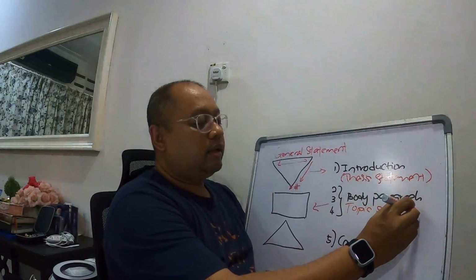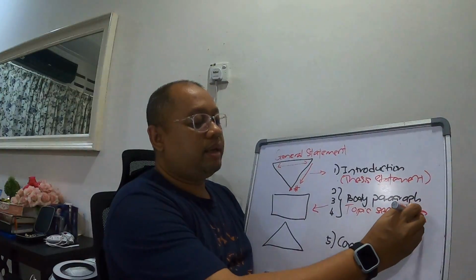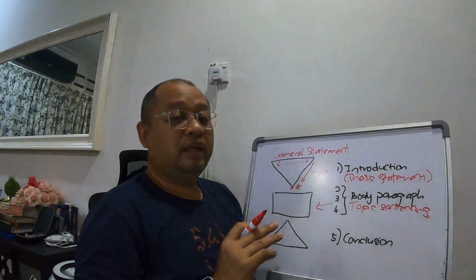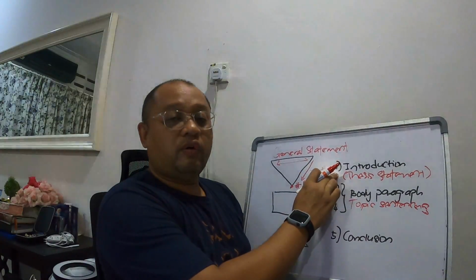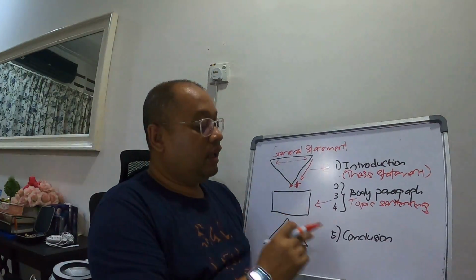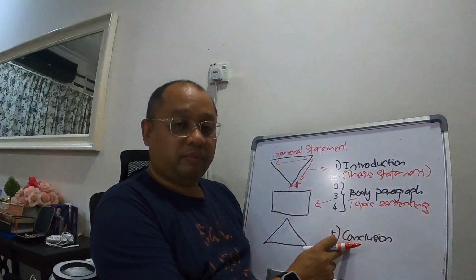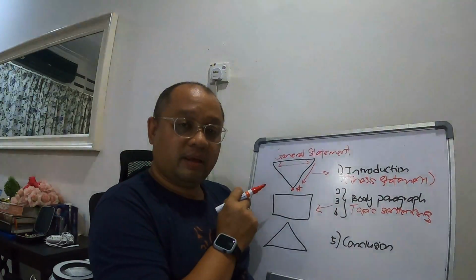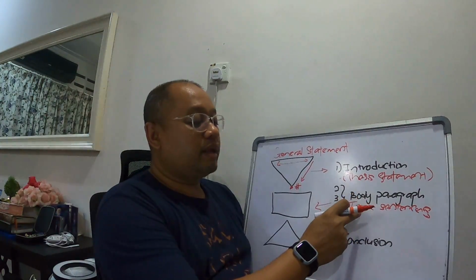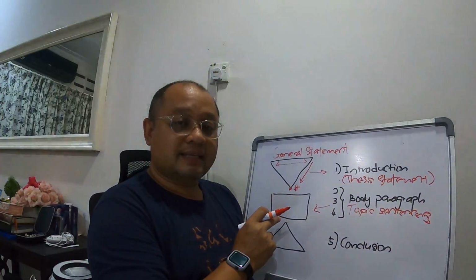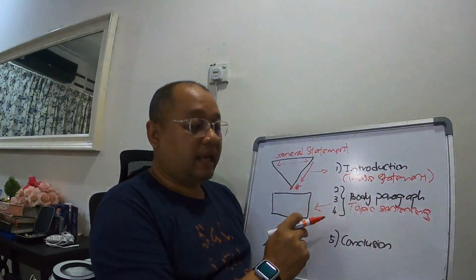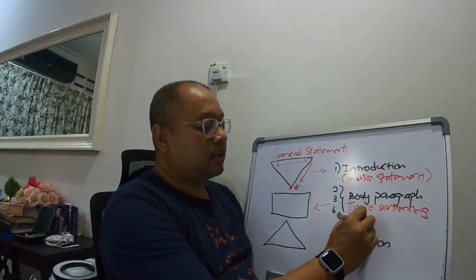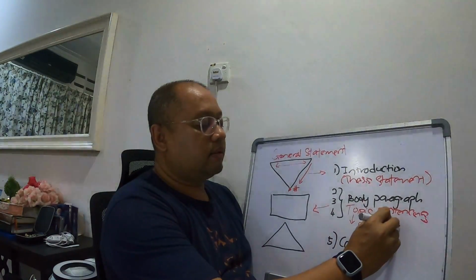Let's say in the basic essay, you are going to have at least 5 paragraphs: the introduction or introductory paragraph, the conclusion or concluding paragraph, and in between you're going to have 3 other paragraphs. Let's assume that you have 3 topic sentences. For each topic sentence, you need to have supporting details.